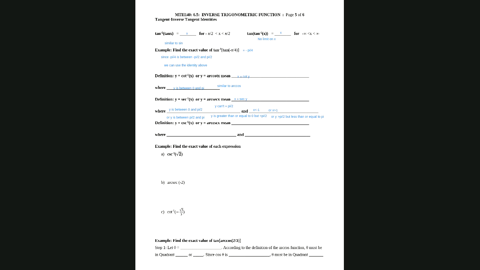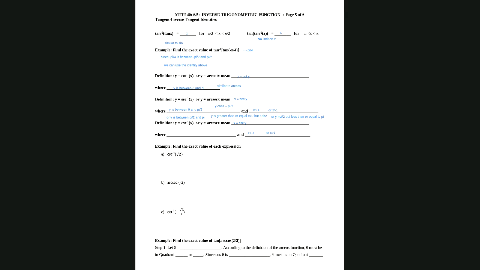And then the last we have is our inverse cosecant function. So y equals inverse cosecant x, or arc cosecant x. That means that x is equal to the cosecant of y. And I'm going to go ahead and put down the restrictions for x first. x can be less than negative 1, or x is greater than 1, just like with the inverse secant function.